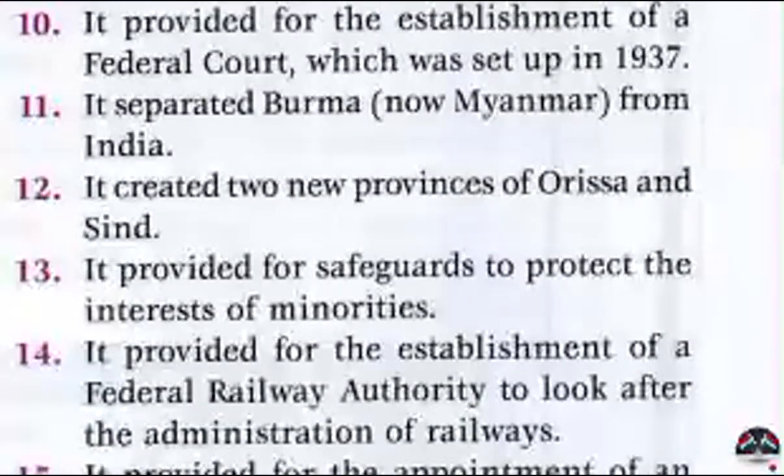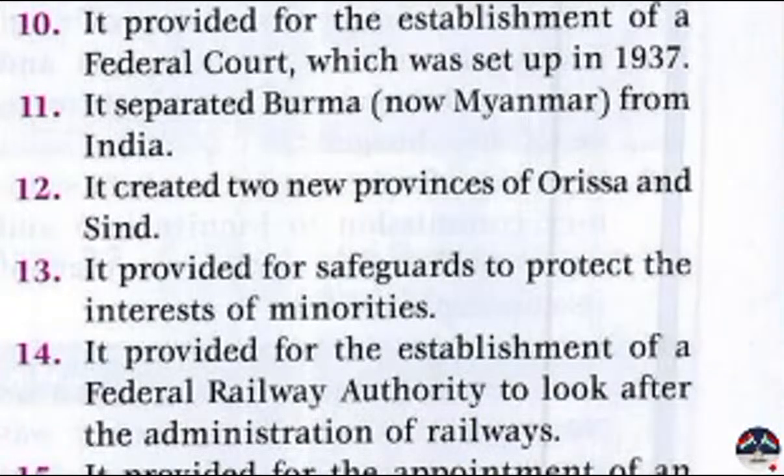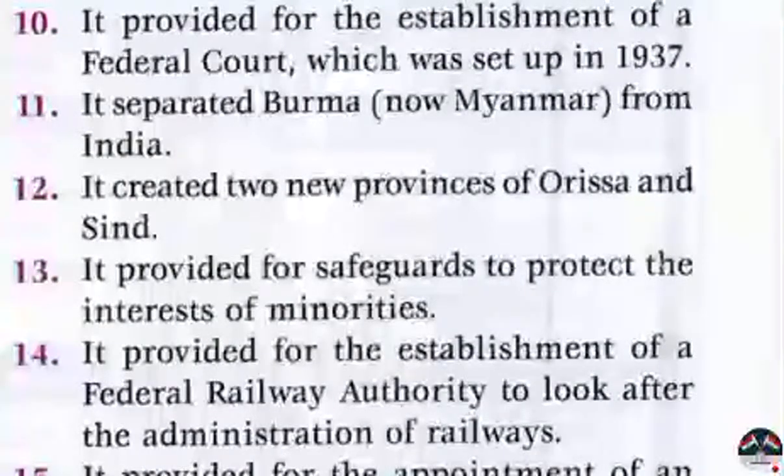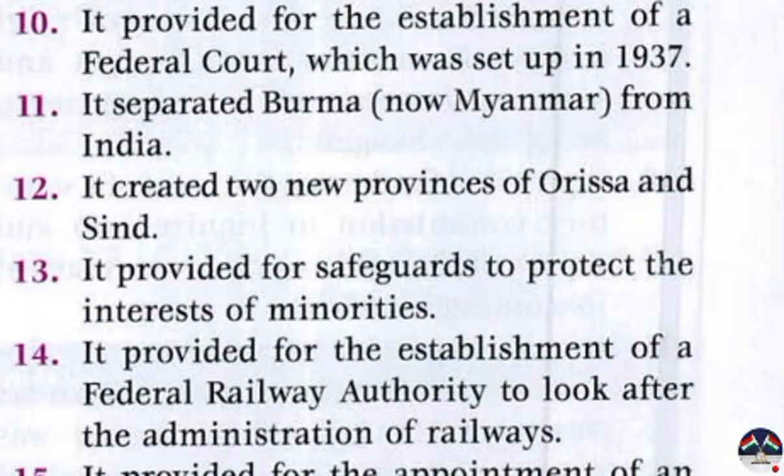It provided for the establishment of a federal court which was set up in 1937, and it separated Burma, now Myanmar, from India. So when was Burma, today's Myanmar, separated from India? Your answer should be the Act of 1935.